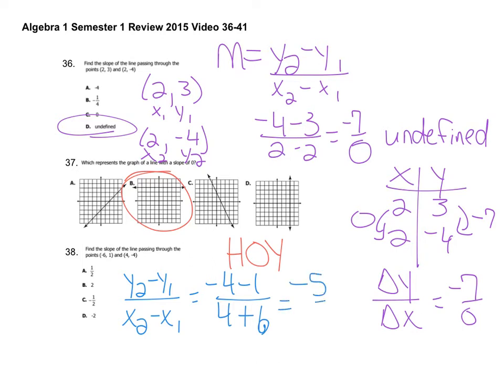So that's -5 over 10, which is -1/2, right there. Notice, like a lot of multiple choice, they've made sure you're not mixing up your x's and y's. They're also making sure you can take care of your signs. Be aware of that.